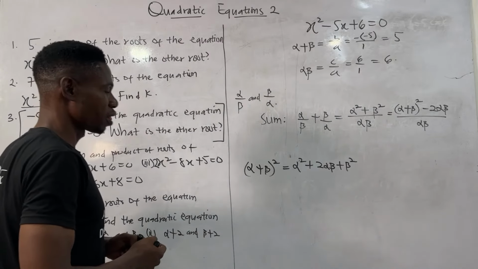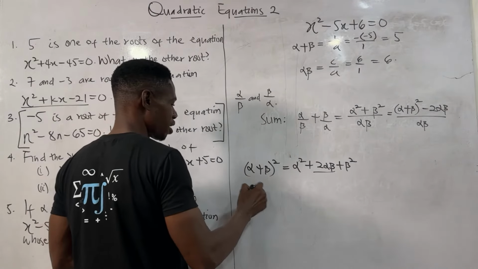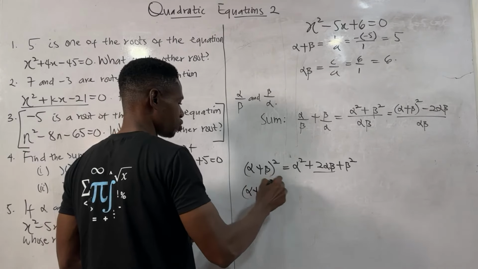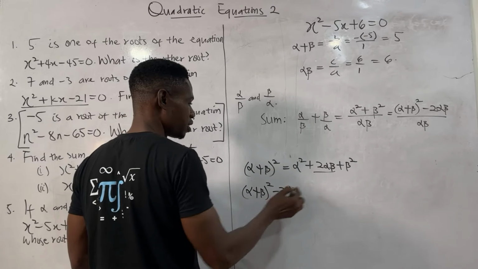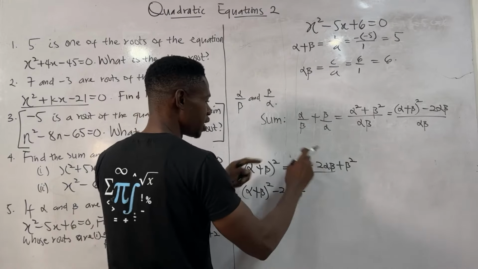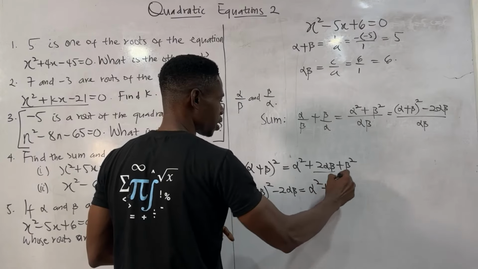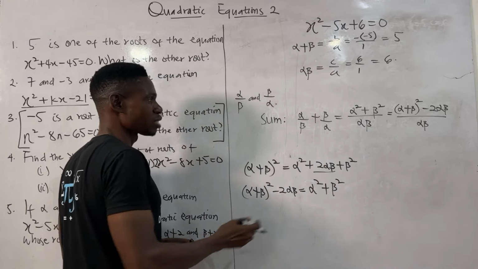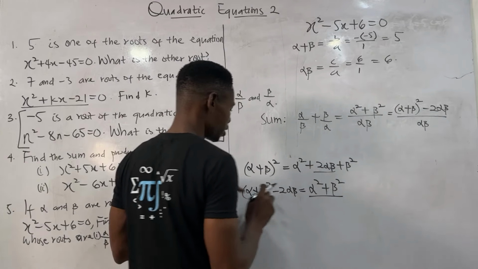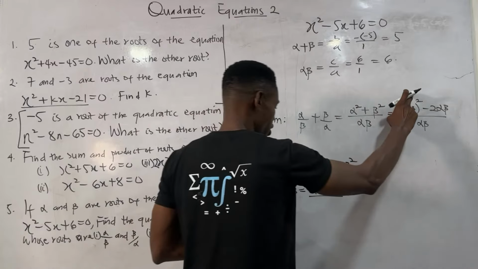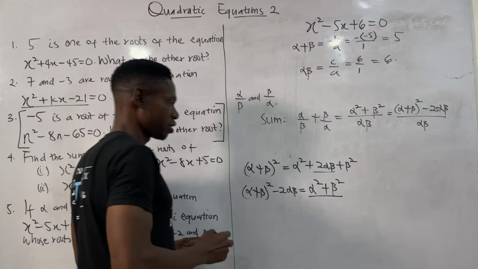Now, if you bring this 2 alpha beta in the middle to the other side, alpha plus beta square becomes minus 2 alpha beta, equal to what you have left, alpha square plus beta square. So alpha square plus beta square is the same thing as alpha plus beta square minus 2 alpha beta.